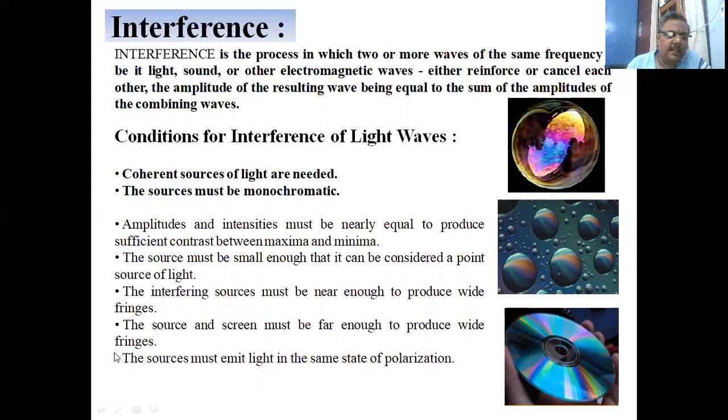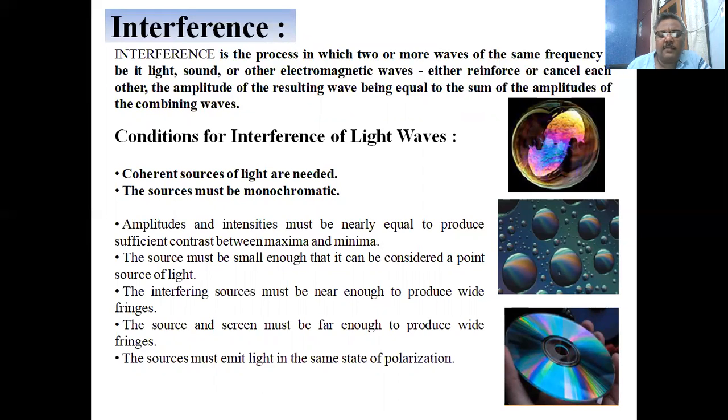These two are the prime requirements for interference. The others are for a clear interference pattern. The amplitudes and intensities must be nearly equal to produce sufficient contrast between maxima and minima. The sources must be small enough that they can be considered point sources of light. The interfering sources must be near enough to produce wide fringes.